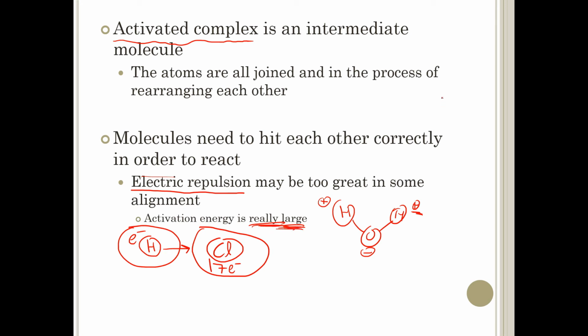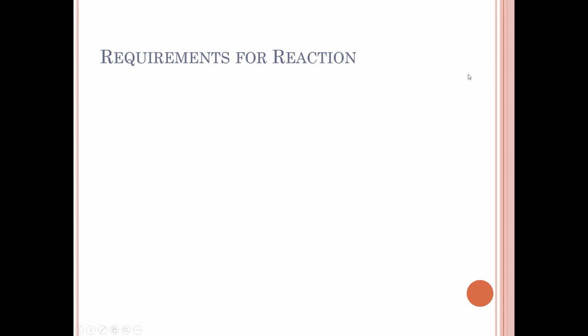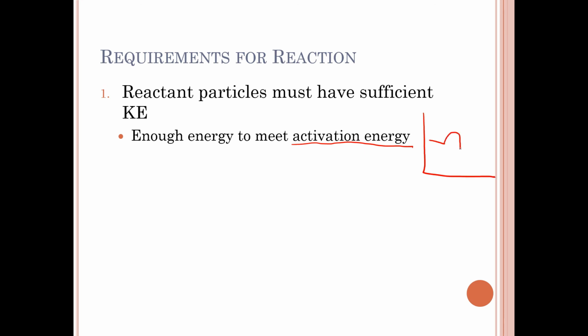All right. So to recap, in order for things to collide, two things need to occur. One, the reactants need sufficient kinetic energy. Okay. This is so that they have enough energy to basically overcome the activation energy. So in my reaction energy diagram, I need to overcome this hump in order to actually react.